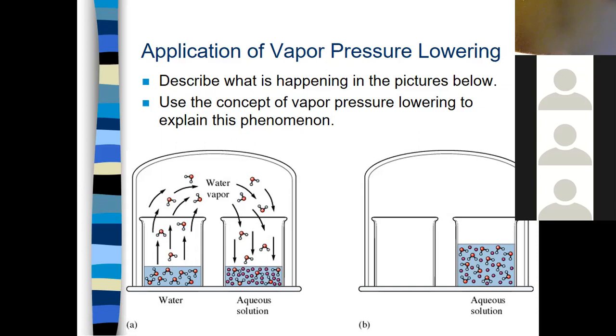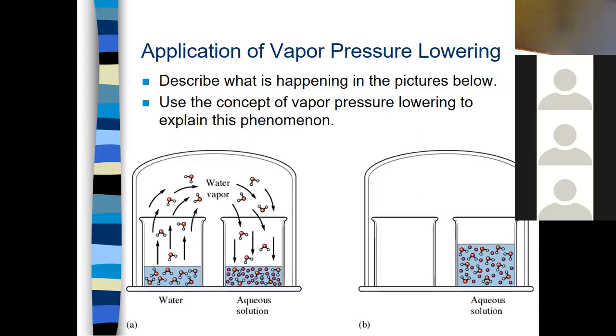So as a result, the solution will always be trying to achieve a lower vapor pressure. The water will always be trying to achieve a higher vapor pressure. So this will not stop until there's no more water. So you end up with an empty water beaker and a much fuller solution beaker.